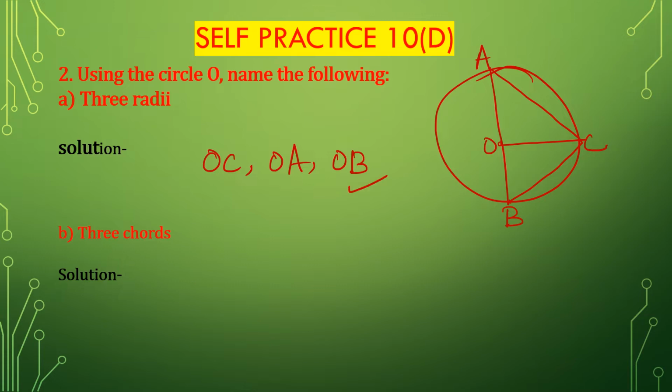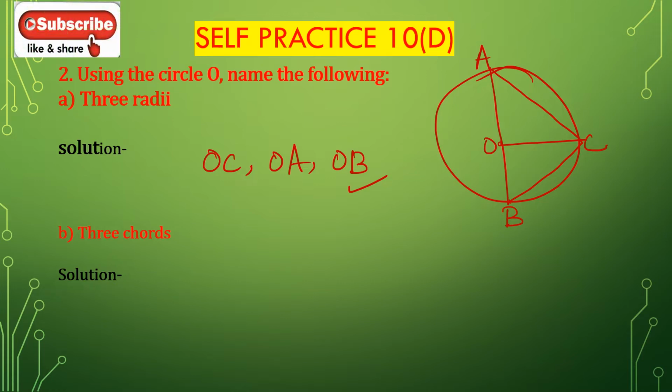Second bit B, 3 chords. A chord is a line segment joining any 2 points of the circle. So here A, B and C are the points on the circle.